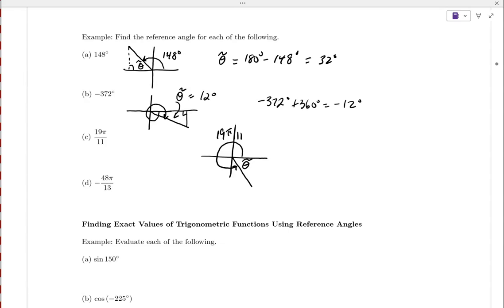If we go all the way around 2 pi and I subtract that piece off, that should give me left what I need, the reference angle. You told me a minute ago that 2 pi was 22 pi over 11. So if I subtract, I should get 3 pi over 11. That would be the acute angle.